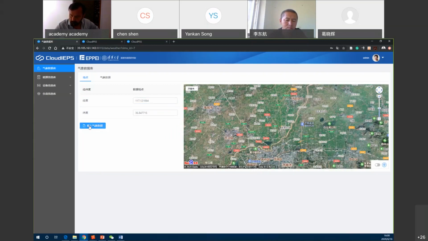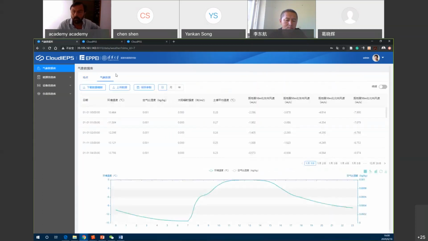Then we can import the meteorological data from NASA, and we will get the meteorological data such as the surface temperature, solar radiation, and wind speed, which will affect the IES.